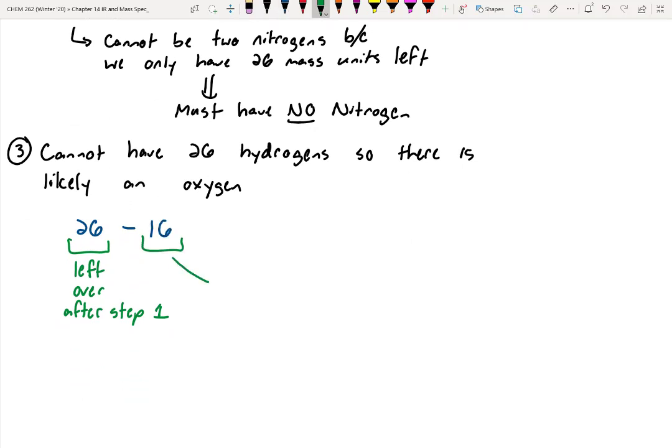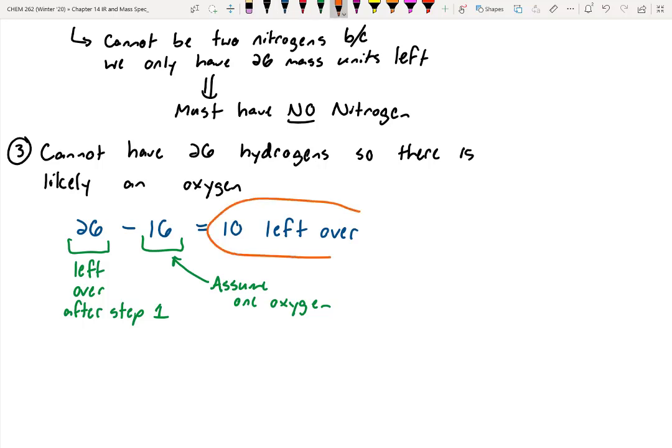So let's just assume 1 oxygen. All right, that tells us that we would have 10 left over. What do you think this 10 could be? Hydrogen.